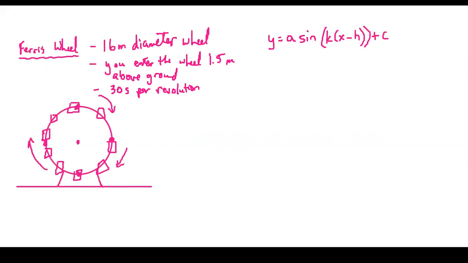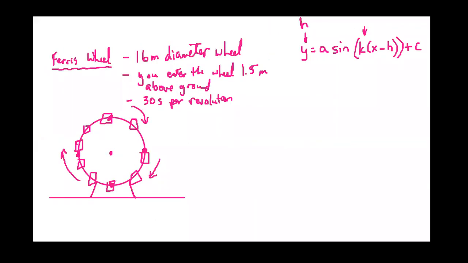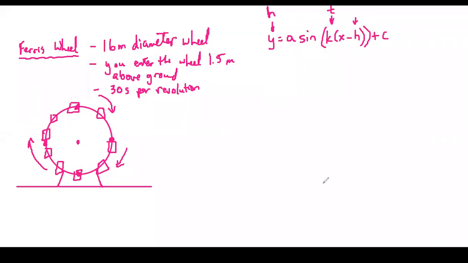If you'd like, instead of y you could use height above the ground, and instead of x you could use time, just a t, but I don't want to confuse you with this H variable. So y is going to represent the height above ground, and t is going to represent time in seconds.